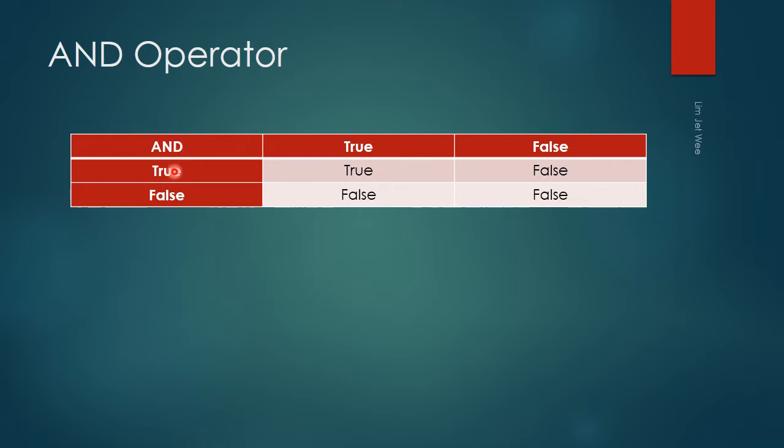Do notice that when you have true and true, the result is true. But the rest, look at the rest. True and false is false, false and false is also false. So you only have one true value, which is true and true.